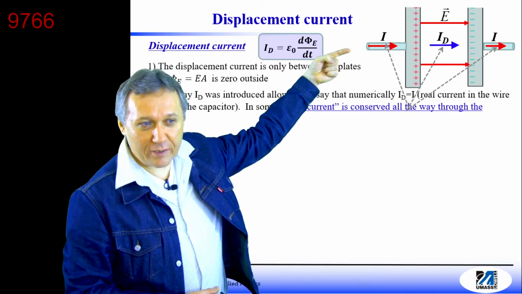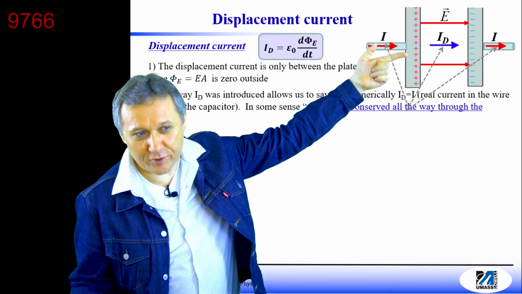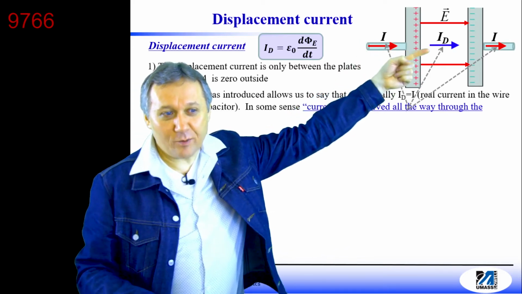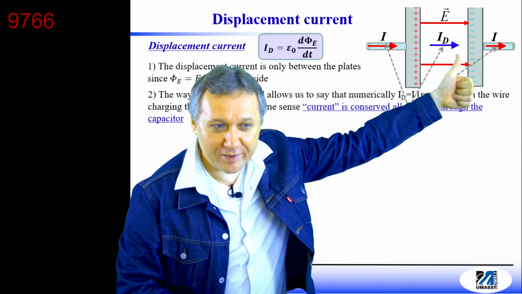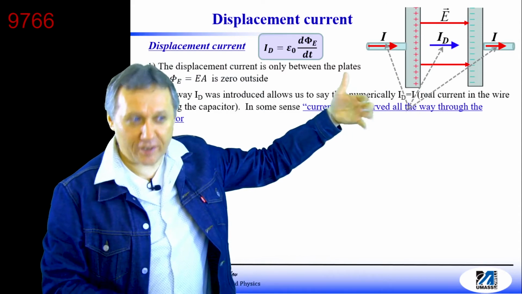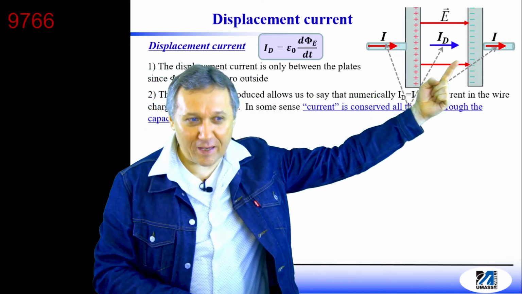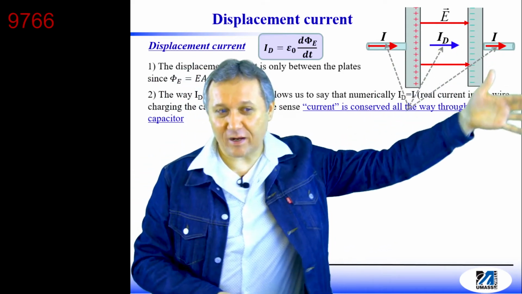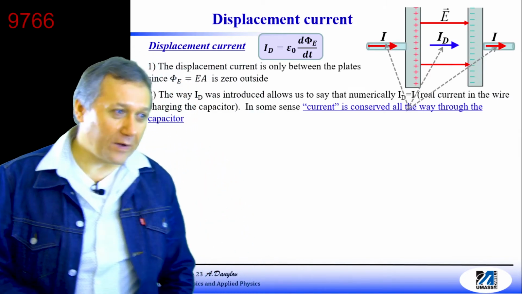Outside of the capacitor, we have the actual current, which represents the flow of charges. Let's say 5 amps. Then between the plates, we have a displacement current, which numerically equals the actual current. On the previous slide, I emphasized that. So again, 5 amps. And then outside of the capacitor over here, again, the same actual current I flows, 5 amps, let's say.